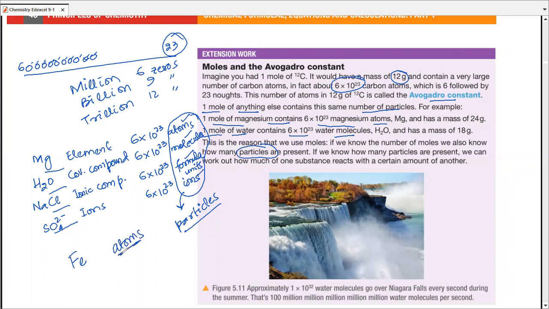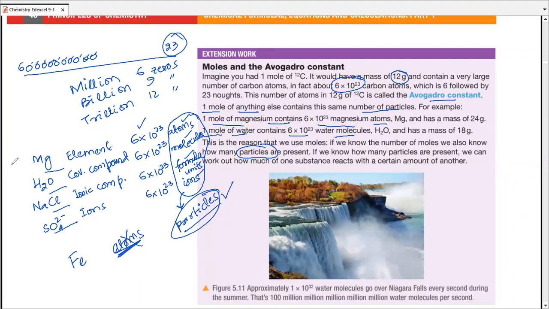So the examiner would give you this word exactly there in the question statement. But if you're confused, instead of using this, use this. This is more like a safe word. You're never going to be wrong with particles because all of these are actually types of particles. Okay. So this is the number of particles in 1 mole of a substance.